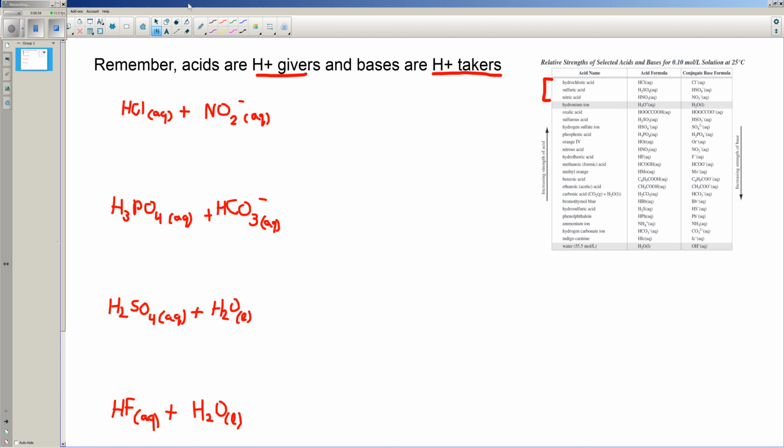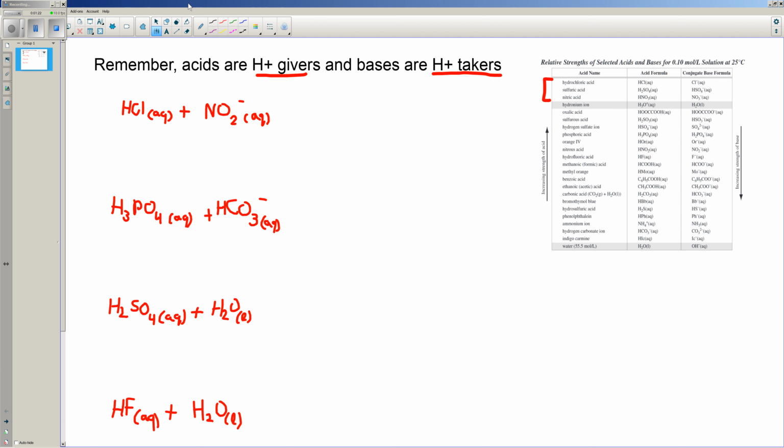We modified that and said that when an acid reacts with water, it forms a hydronium ion, H3O+. And when a base reacts with water, it forms a hydroxide ion, or an OH- ion. That was an improvement on Arrhenius theory.